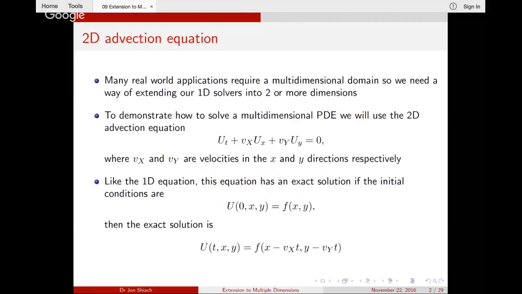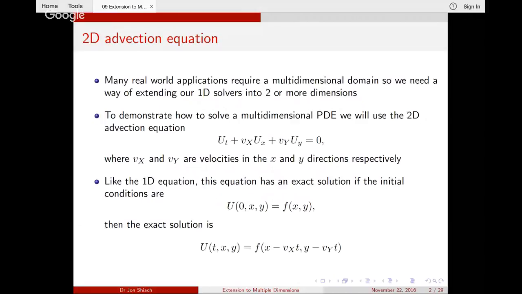I can add a further term for the velocity in the y direction as well. This is change in u over time plus the velocity in the x direction times change in u over space in the x direction plus the velocity in the y direction times the change in u over that y direction.